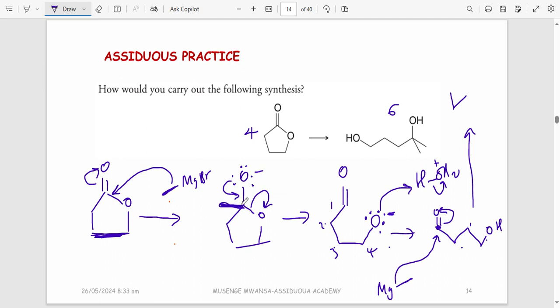When the Grignard attaches, I just forgot to write that. We include it, because remember, the Grignard was the one which was attacking. So this guy is supposed to be included here. So even here, it is still going to be there like this. Don't forget it, otherwise you'll not write the correct mechanism. Now the next thing is that when the second one attaches, it is attaching again, right? So let me try to write it on top here.